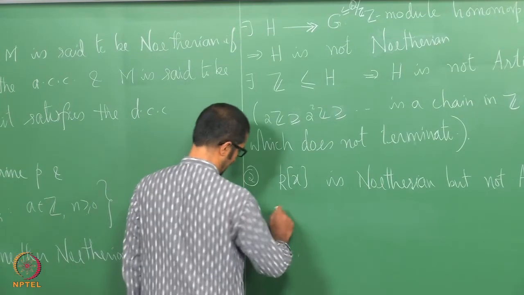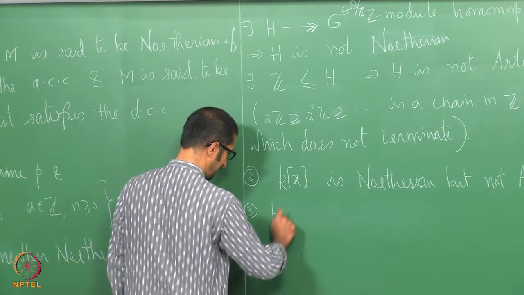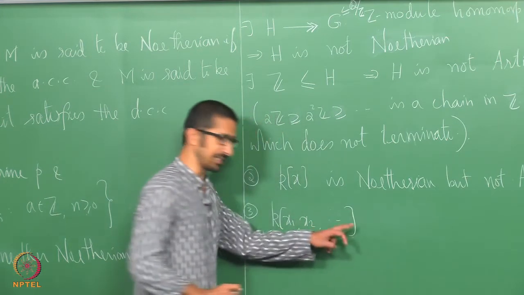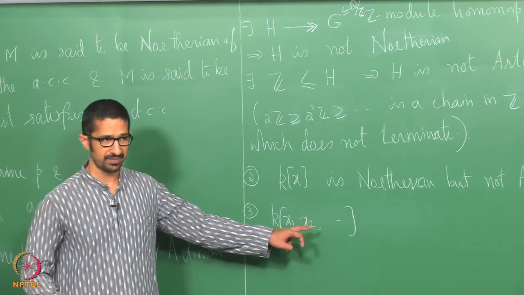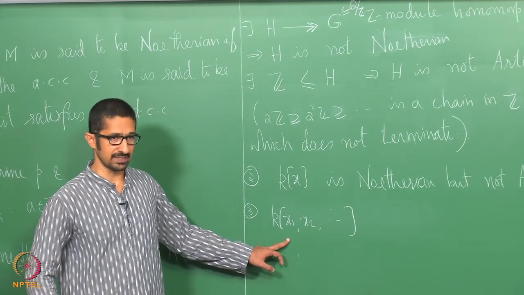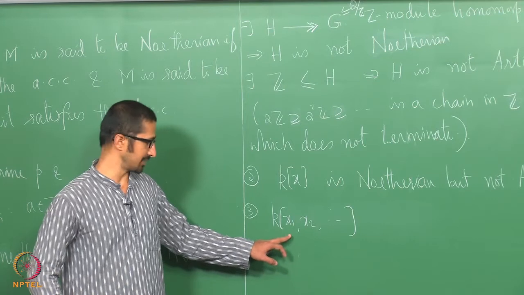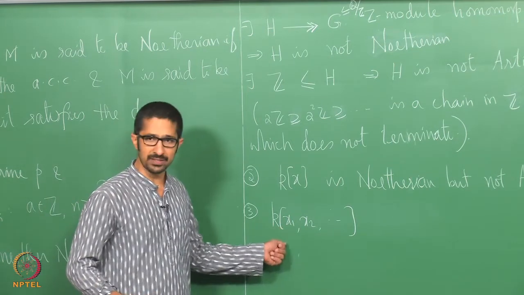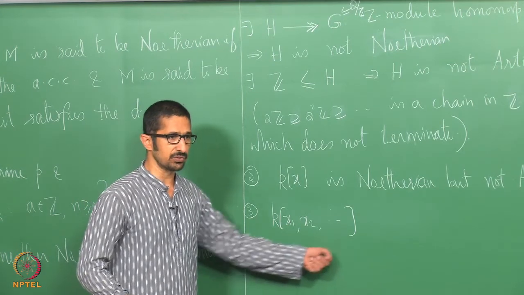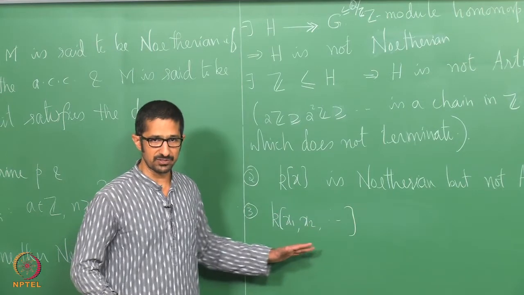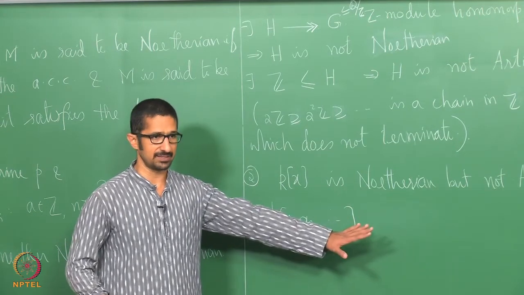So, let us look at k[x1, x2, ...] in infinitely many variables. This is neither Noetherian nor Artinian, because you can have the chain (x1) contained in (x1, x2) contained in (x1, x2, x3) and so on. That will be a strictly increasing chain which never terminates.